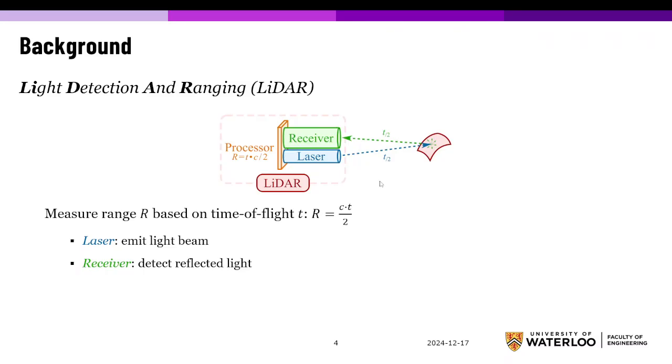A receiver, which will detect the light bouncing off the target. And a processor, which will process the signal and compute the range based on the time of flight of the laser beam produced by the laser. So this way, a LiDAR sensor can accurately measure the range from the sensor itself to a particular target the laser is aiming at.